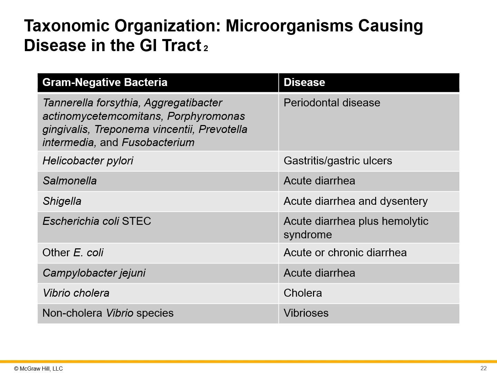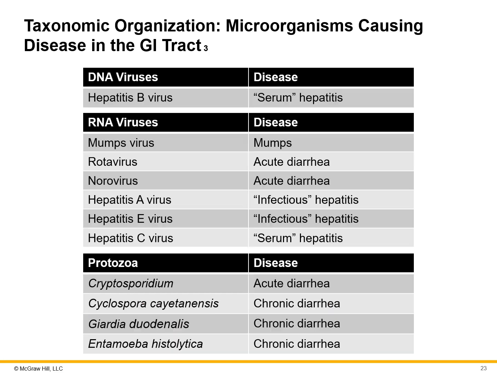And then we didn't talk much about the periodontal disease, but our gastritis and gastric ulcers caused by that Helicobacter pylori. And then various causes of acute diarrhea. We didn't talk about cholera or vibriosis, but again, a few different types of bacteria that can lead to that acute diarrhea.